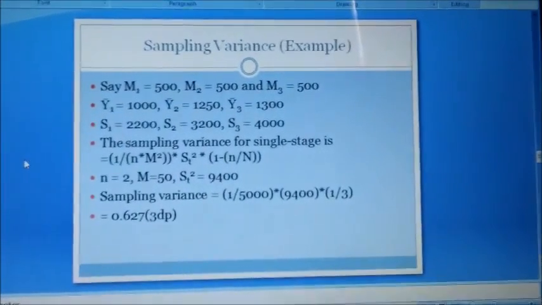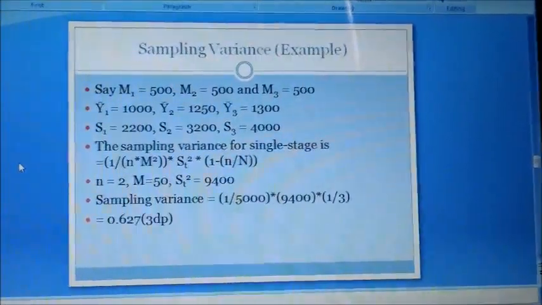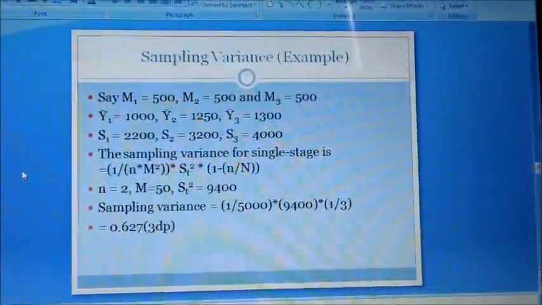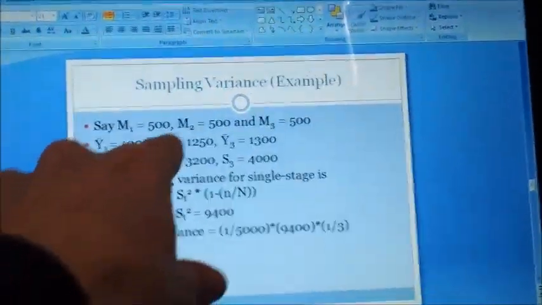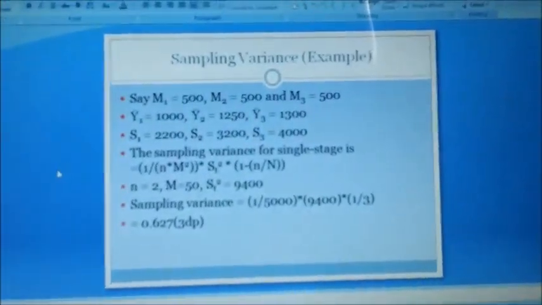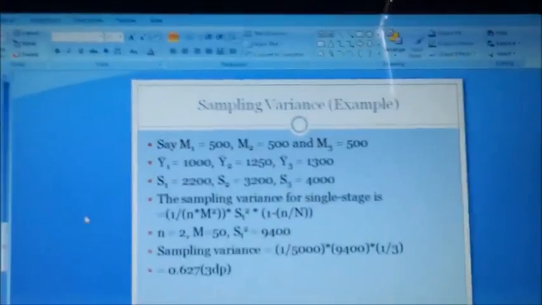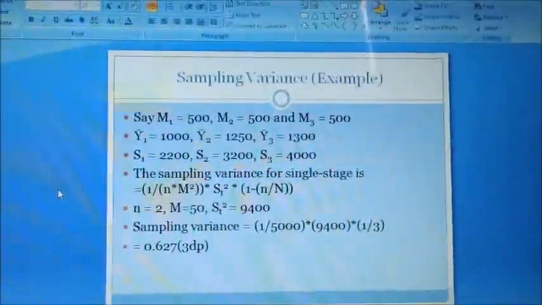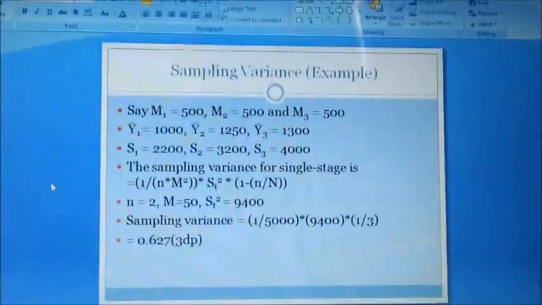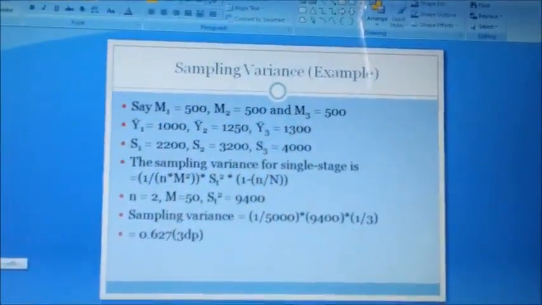So st squared equals 9400, and then the sampling variance is 1 over 5000 times 9400, which is st squared, which is the sum of the other s's. And then you times it by 1/3, which is 1 minus n over N, which is 1 minus 2/3, which is 1/3. And this comes out to be 0.627, rounded to 3 decimal places.